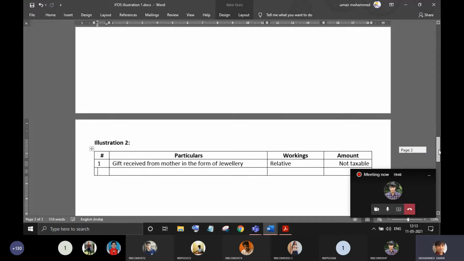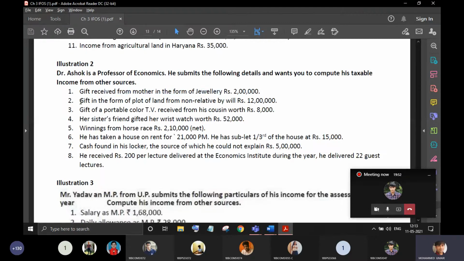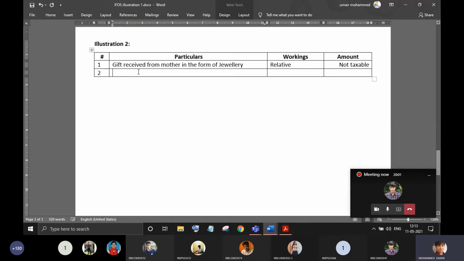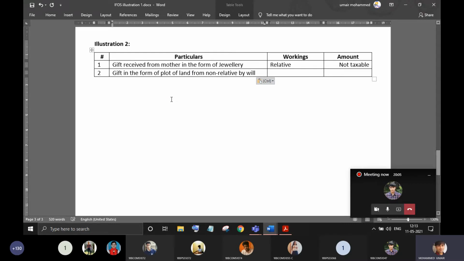So let's move on to the next transaction. Gift in the form of plot of land received from a non-relative by will. Here it is specifically mentioned non-relative, and the gift is land. In case of non-cash gifts, how do we ascertain the value?